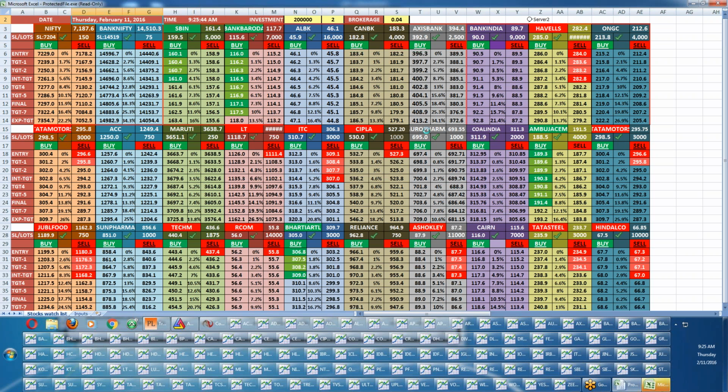Century Textiles, we have a buy. So ALBK also we have a buy. It was a gap down open, so we ignored that sell call.